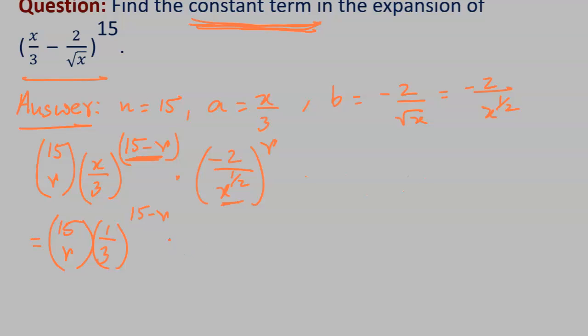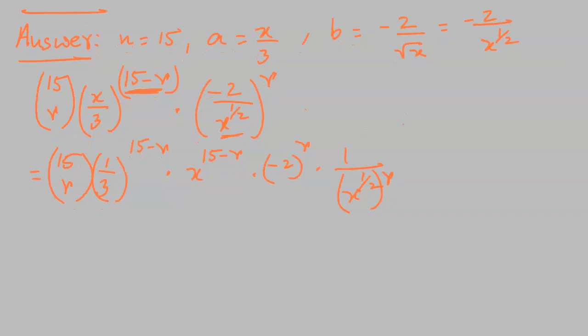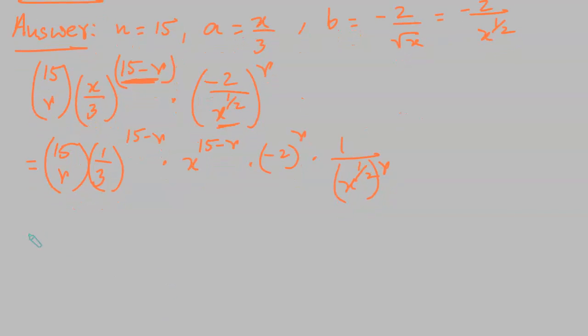So, this is times x to the power of 15 minus r, and then it is negative 2 to the power of r, and finally it is 1 over x to the power of half raised to the power of r. Okay. So, this is equal to 15Cr.